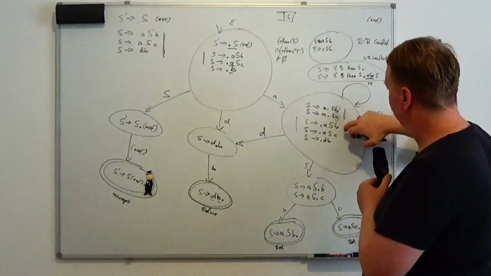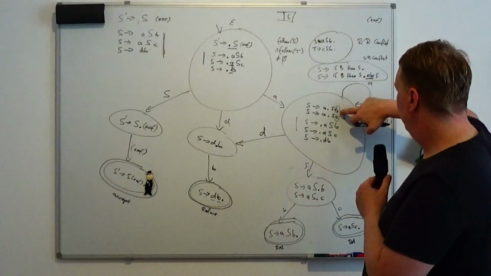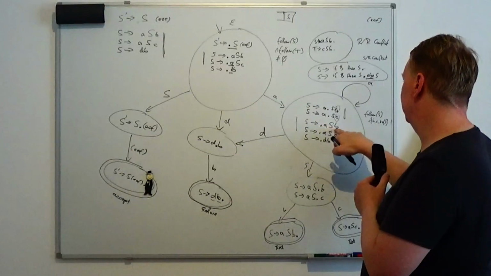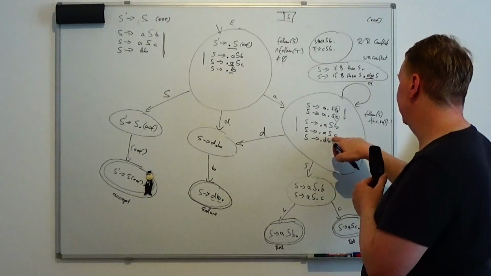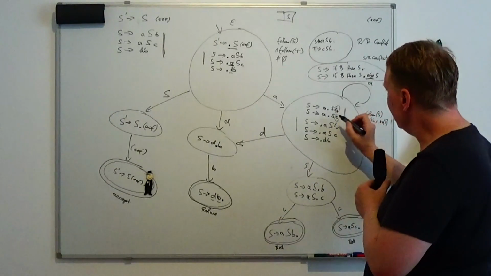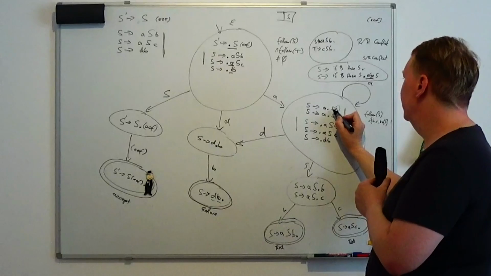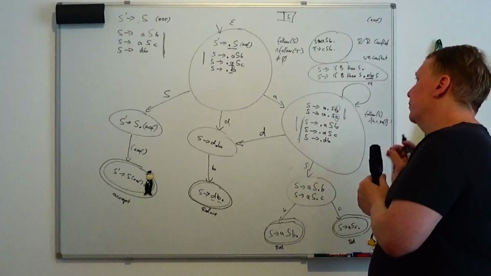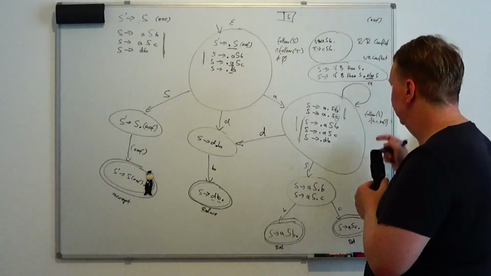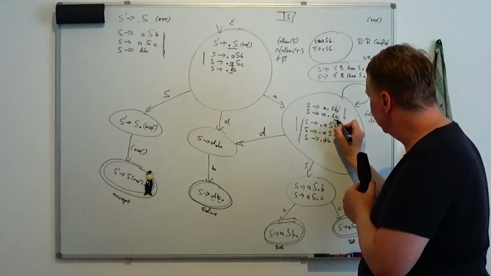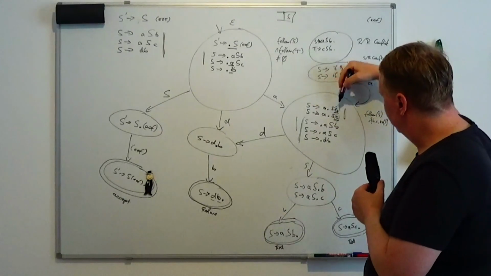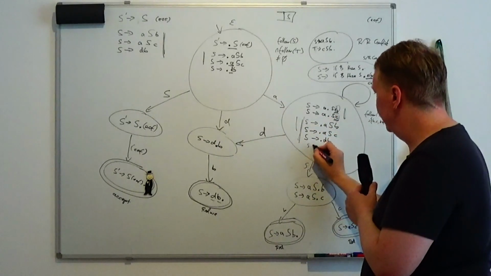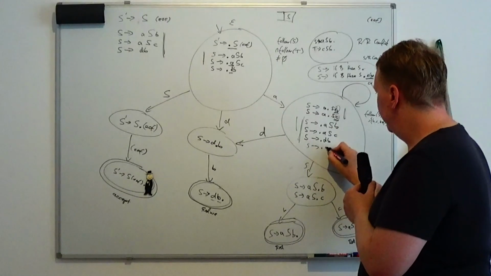Like here, when we have this A point as B, and then we add this point A as B and point A as C, and because we have this point on the left of an S, we add the productions for the S. But what you do in practice in LR1 parsing is that you keep track of what happens after the S. So if you have A point as B and A point as C, then you would add more information than that.